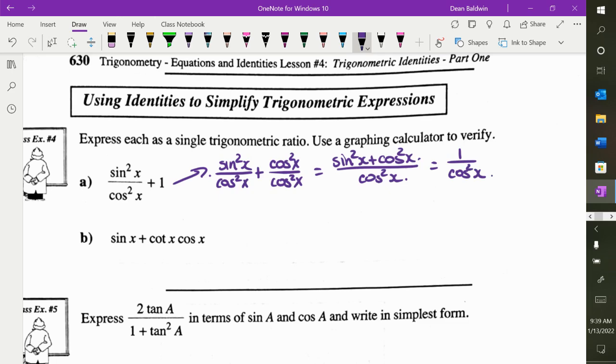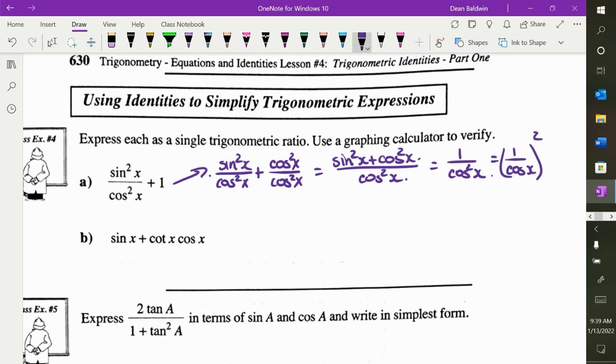So now I've got 1 over cos squared. Is that the same as this? It is. Okay, so what's 1 over cos? It's secant. So what's 1 over cos squared?